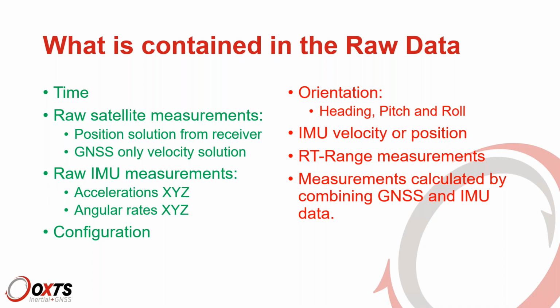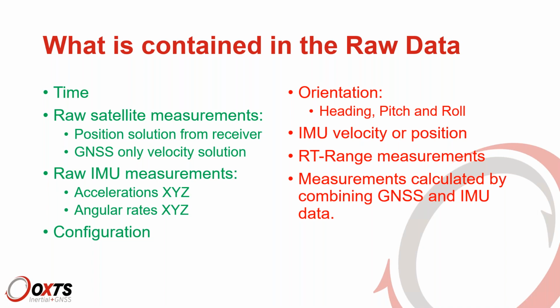There's also the raw IMU measurements, which would be the accelerations in X, Y, and Z, as well as the angular rates in X, Y, and Z. Also contained is the initial configuration, which was saved on that unit at the time that those measurements were being taken. But then in the red is the stuff which is not contained in the raw data.